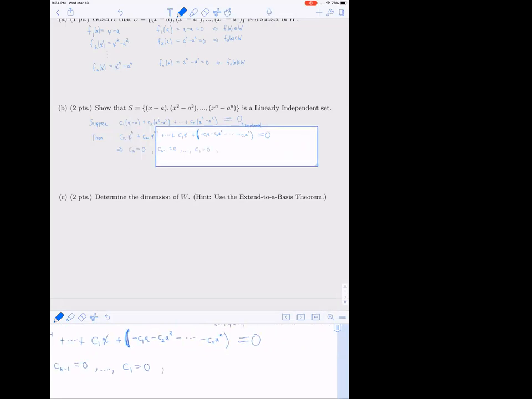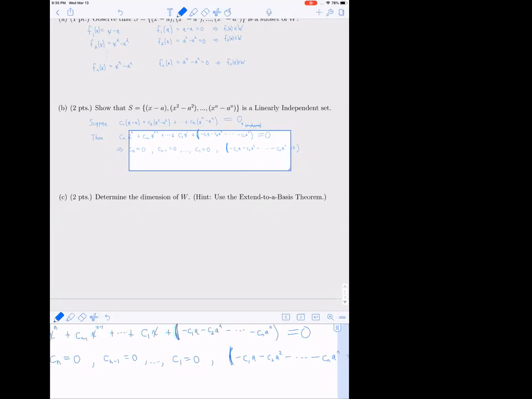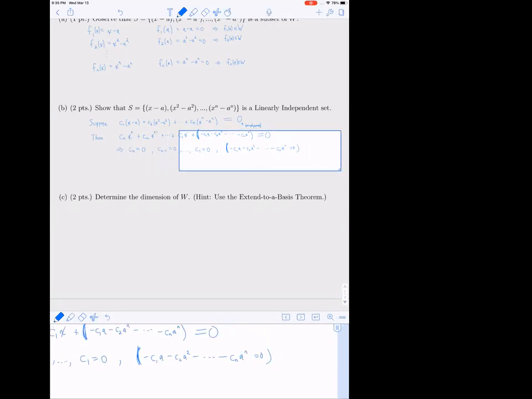And there's also this condition that this big thing here, minus c1 a minus c2 a squared, and so on, is equal to 0. But if we know that cn is equal to 0 and cn minus 1 is equal to 0 and c1 is equal to 0, then this whole thing will, sure, be 0. That's fine.